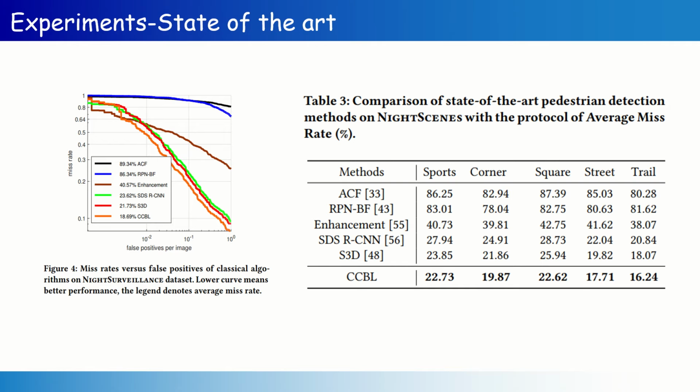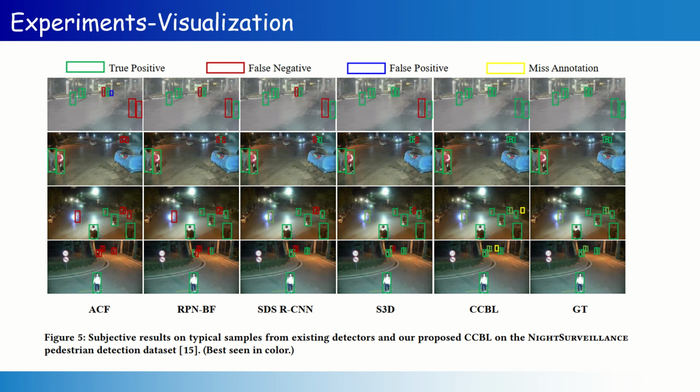The main reason is that the method proposed in this paper makes full use of the surveillance scene's characteristics. From the visualization, it can be seen that the existing methods show better performance when the pedestrian is close to the camera or when the light is normal. The effectiveness of existing methods is unsatisfactory when pedestrians are in difficult situations, such as dark places or small scales.